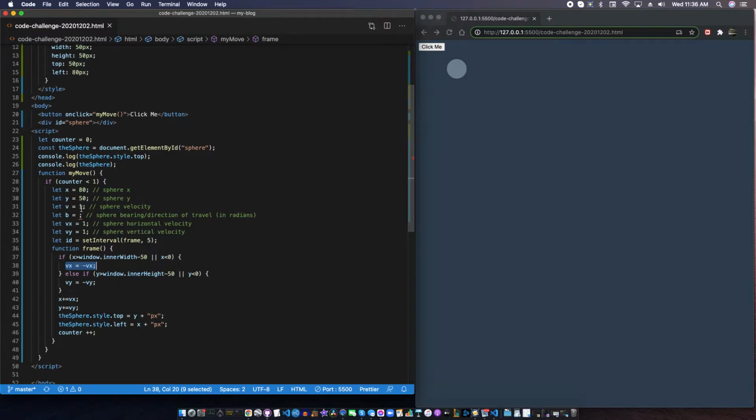And Vx, so right now, is traveling 1 pixel to the right every 5 milliseconds. And it's traveling 1 pixel down every 5 milliseconds. And that's why it's 45 degrees of travel, and I think that's just so dumb.